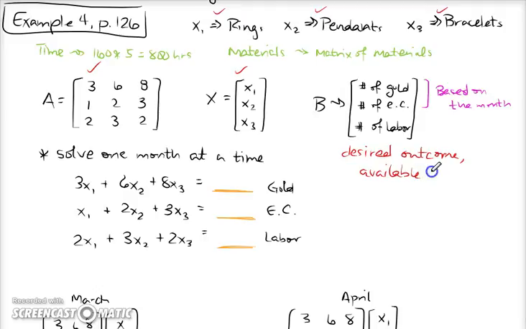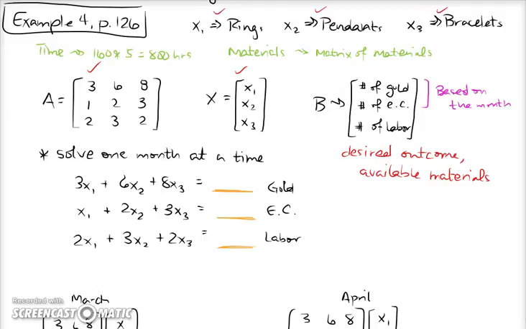But this is going to be the set that's going to change from either person to person, month to month, family to family. This is the one that's going to be changing. And as the B changes, your A matrix stays exactly the same. It stays consistent. Your X matrix stays consistent. And with that change in B, you just use the inverse of A to solve it out for X.